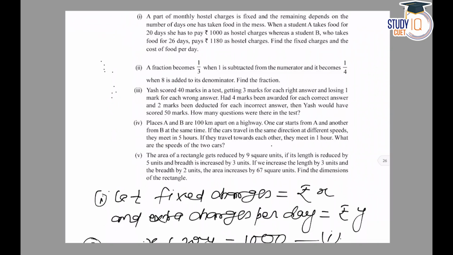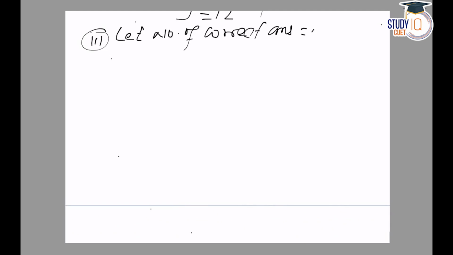So for the third part, let the number of correct answers equal x and the number of incorrect answers equal y.